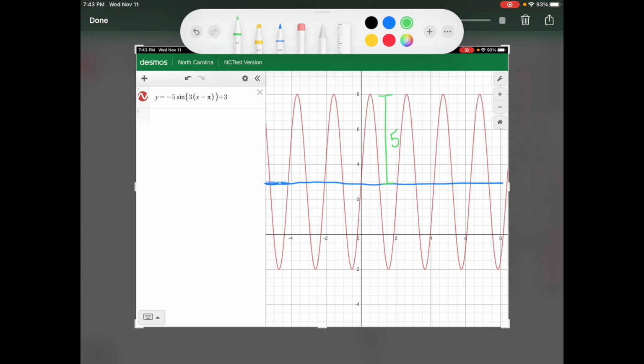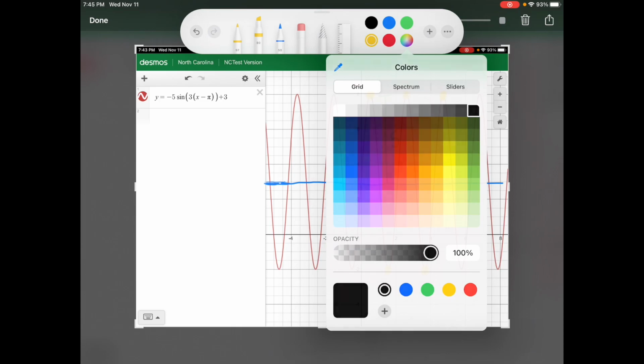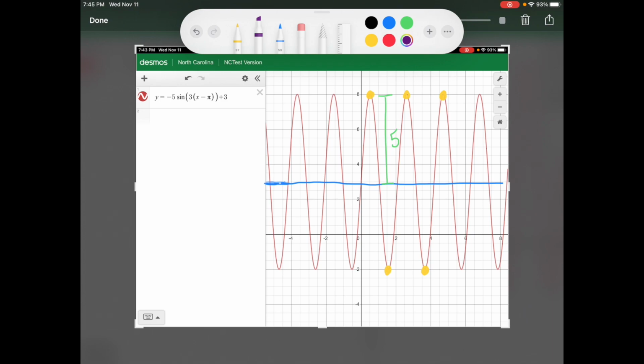The other thing that we've got to look at is our maximum or minimum. If we look at all these maximums, they are at 8, and these minimums are at -2. Just keep that in mind. The other thing I wanted you to look at is my one wave here.